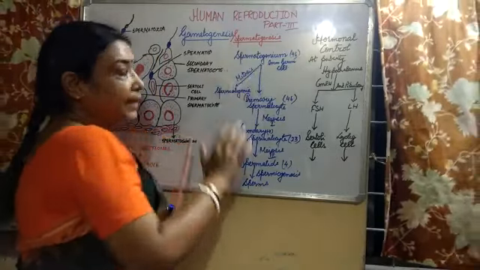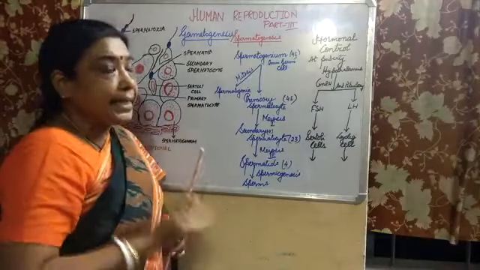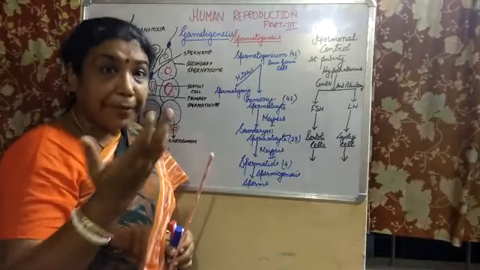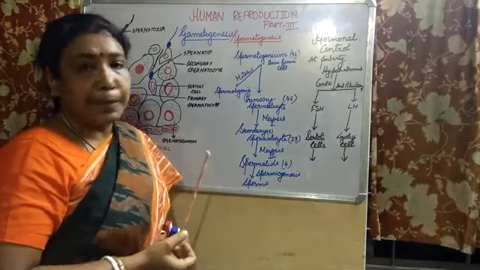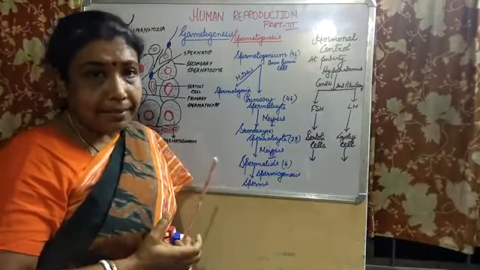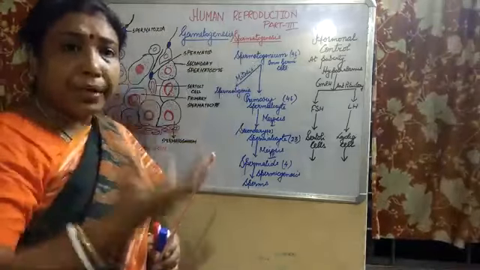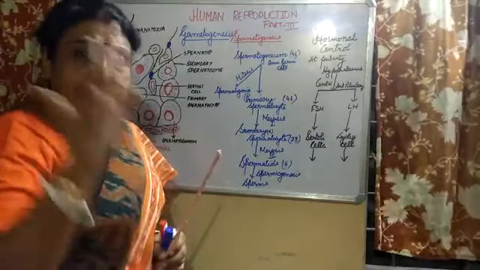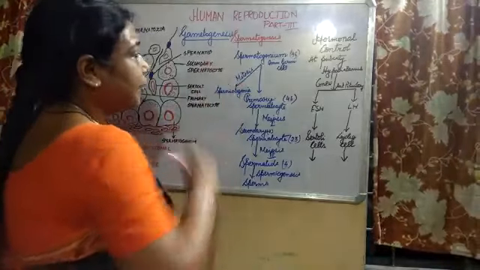This spermatogonium, this immature male germ cell, has to increase its number, because in one ejaculation millions of sperms are released. So it has to increase its number to produce more and more sperm cells. Then how will it increase? By the process of mitosis.